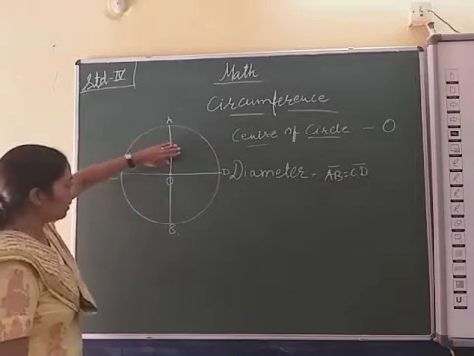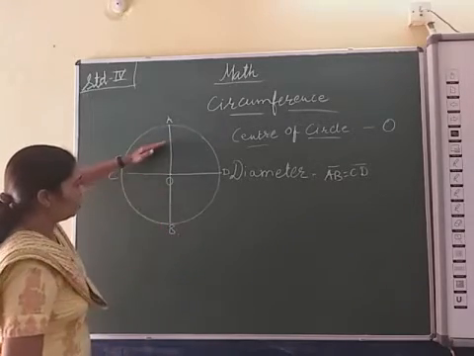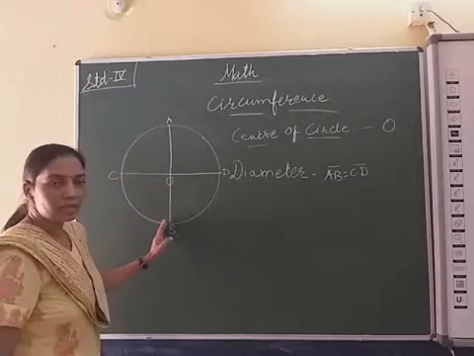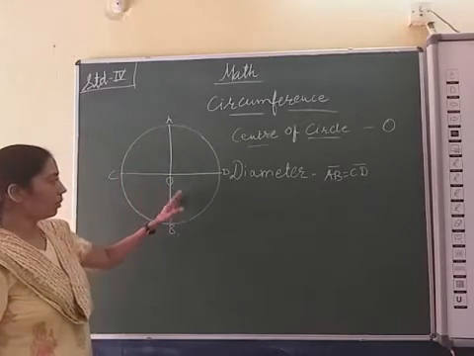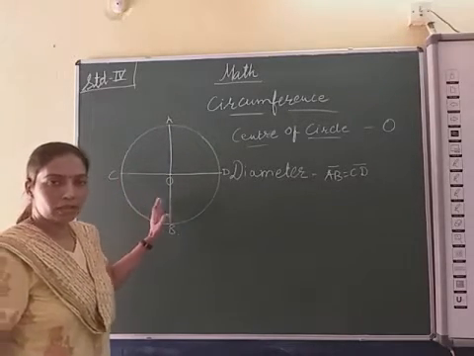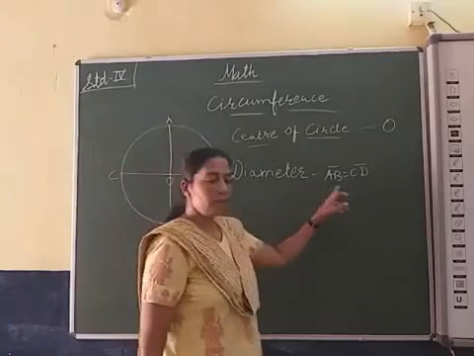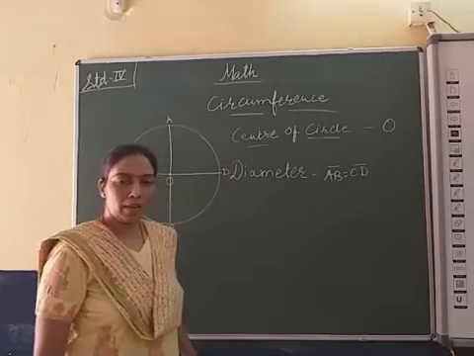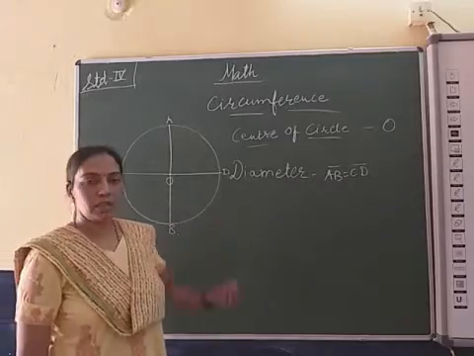If you see this way, the diameter AB also makes two equal parts of the circle. So we said that diameter AB is equal to diameter CD.